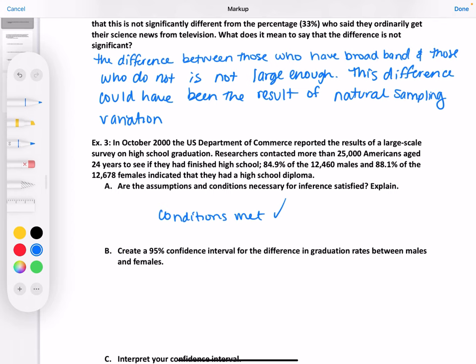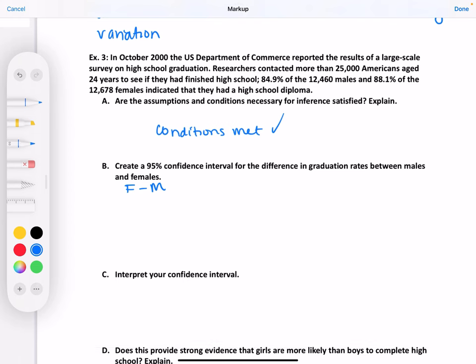So, create a 95% confidence interval for the difference in graduation rates between males and females. So, this is females minus males. Our confidence interval, we can do with the calculator, but I will show you by hand what it is, and then I'll show you the calculator.